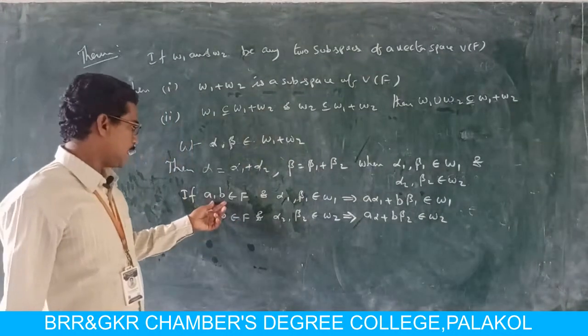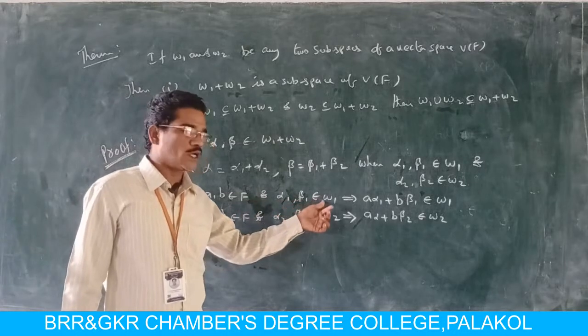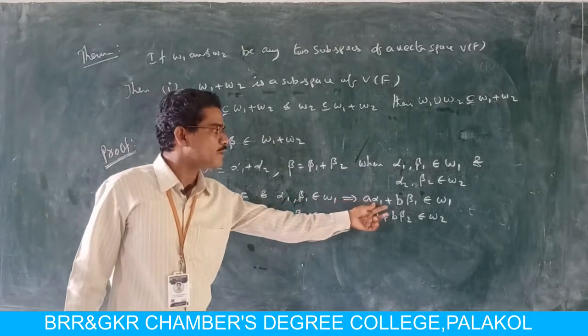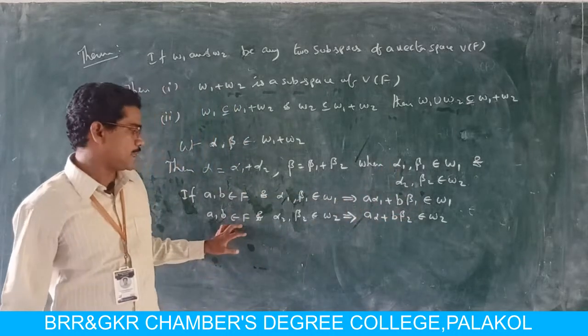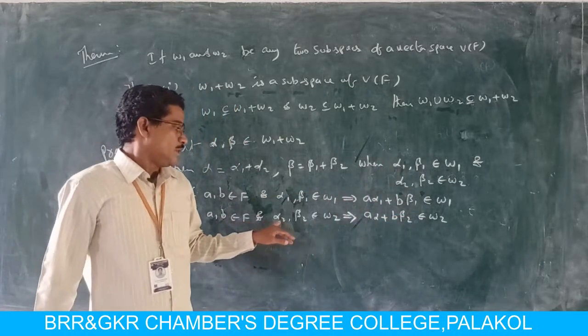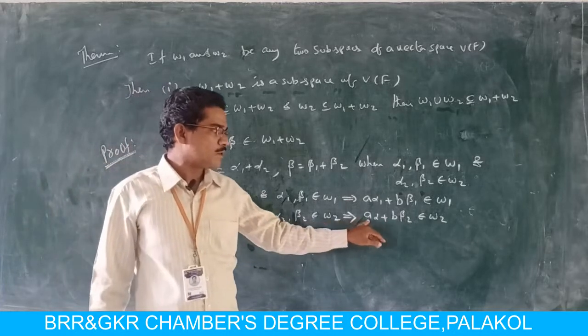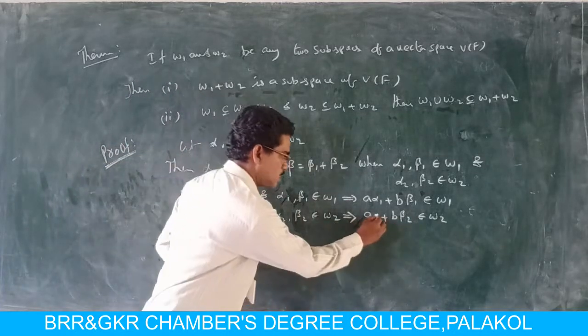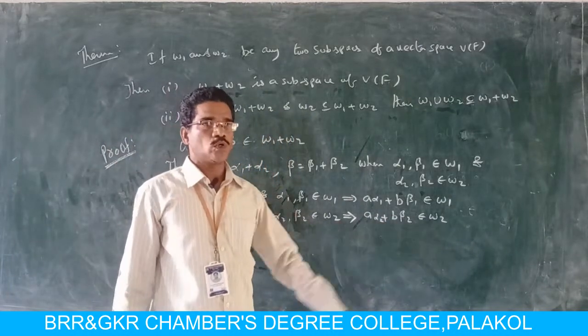Once again, a, b belongs to F and alpha 1, beta 1 belongs to W1. By the definition, a alpha 1 plus b beta 1 belongs to W1, and a, b belongs to F and alpha 2, beta 2 belongs to W2 implies a alpha 2 plus b beta 2 belongs to W2.